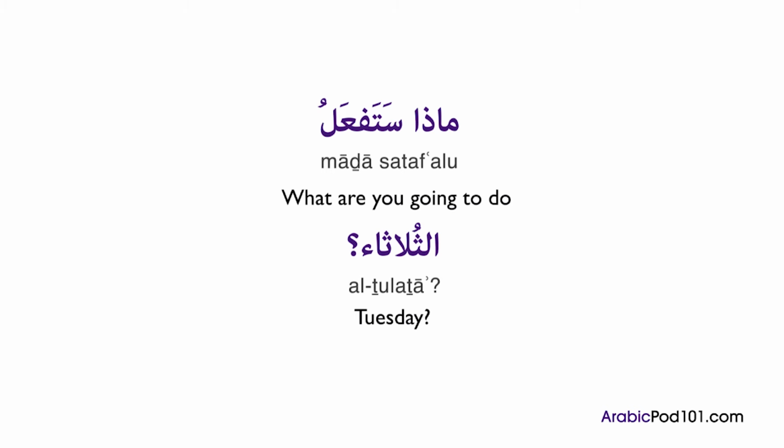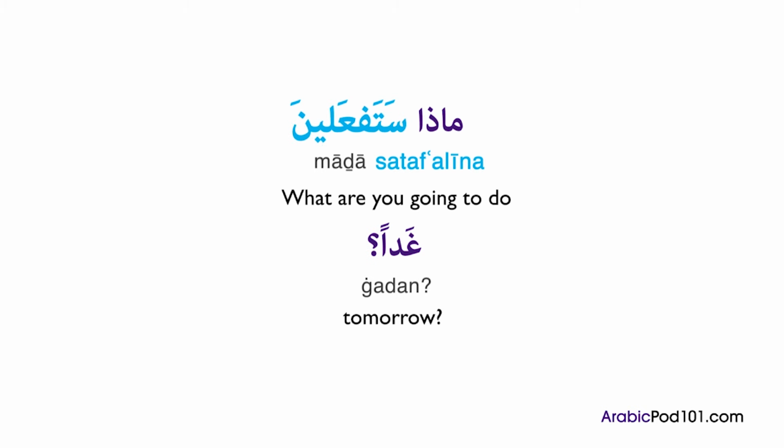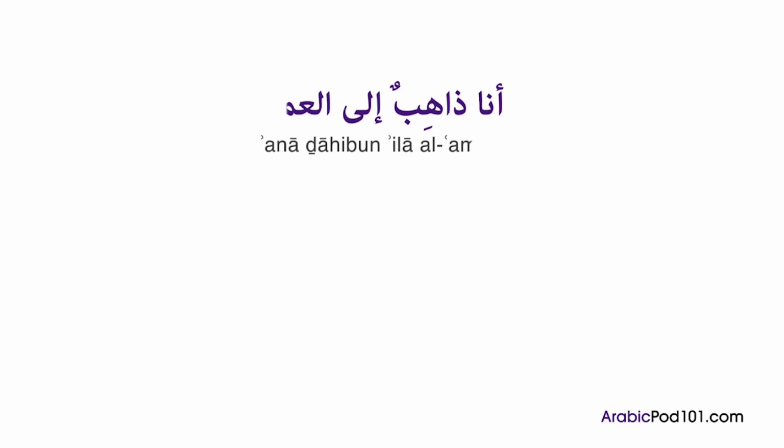Of course, if you are talking to a woman, you should change the ending of the verb do or ستفعل into ستفعلين. ماذا ستفعلين غداً؟ ماذا ستفعلين الثلاثاء؟ So now, if someone asks you ماذا ستفعل غداً, how can you answer? Here's an example. أنا ذاهب إلى العمل.